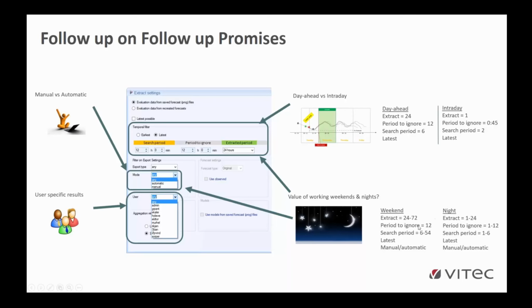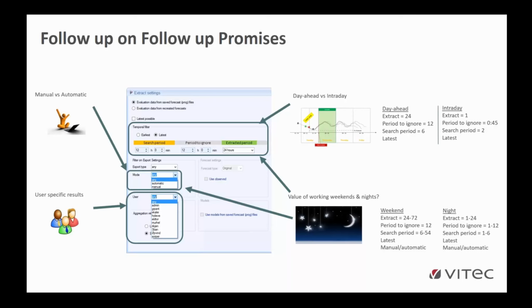For example, if you're looking at working weekend, it could be 24 to 72 hours, depending on how you want to look at it. But this is a very easy way to set it, so that you make sure to look at the forecast that is made at the right time by the right person or by the right scheduled job. So then you know what you're comparing against each other.